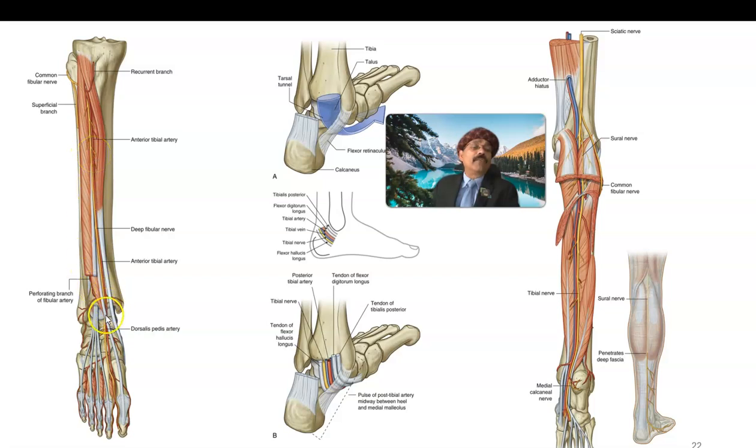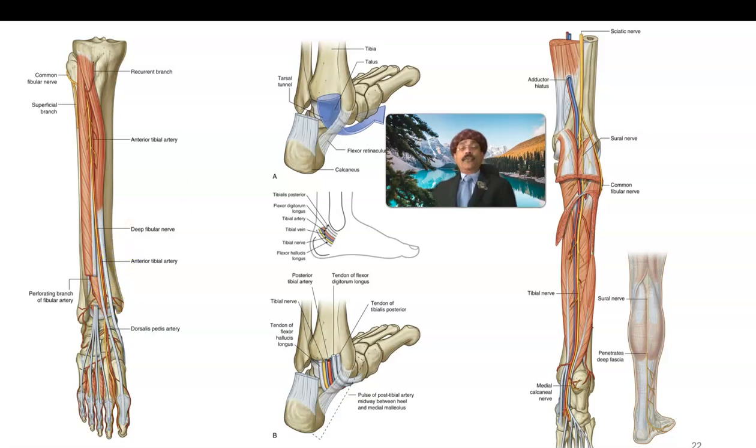In front of the ankle joint, the anterior tibial artery's name changes into the dorsalis pedis artery. This blood vessel and nerve pass side by side. This is the deep fibular nerve. This is the dorsalis pedis artery, the continuation of the anterior tibial artery below the ankle joint.